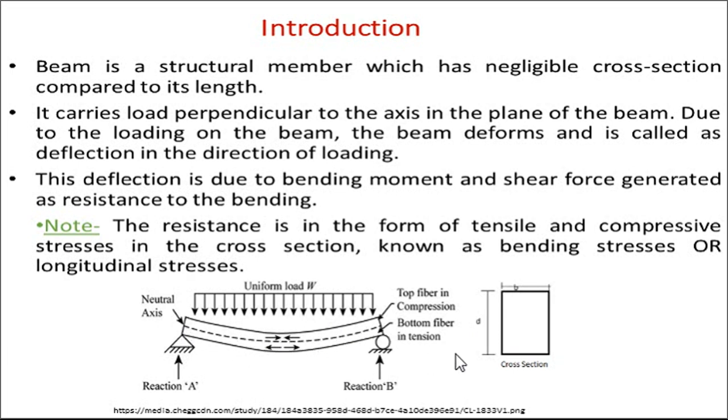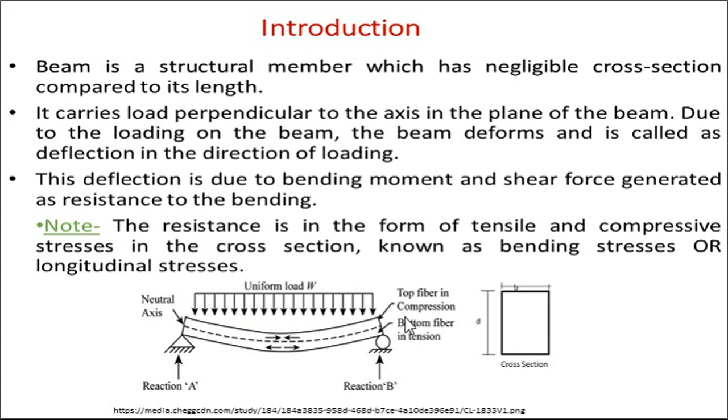In this figure you can see this is the original cross section of this beam, and this is the longitudinal section of the beam. And you can see, after application of the external load, suppose a uniformly distributed load is acting, what will happen in the top fiber. So this is the top portion of this beam, and this is the bottom portion of the beam.